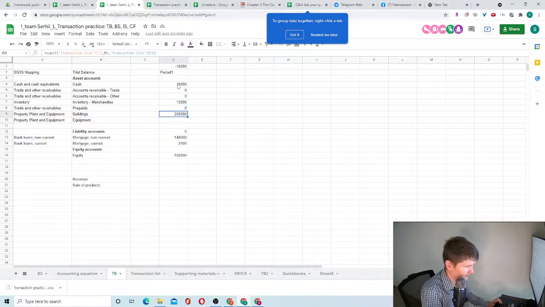It's already SUMIF, and I posted a spreadsheet video yesterday about the SUMIF function. I won't talk a lot about it right now, but let's see, we are out of balance by $18,000. Let's see what happened here. For example, cash.